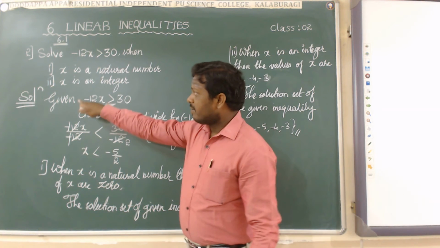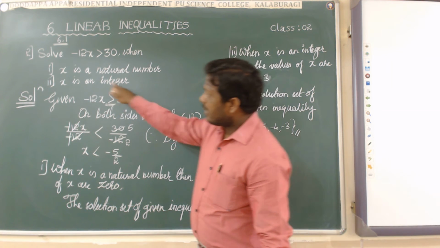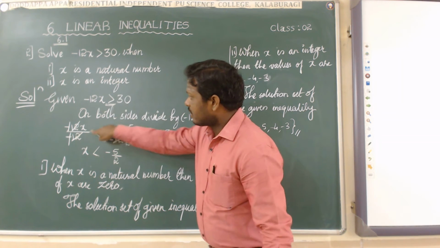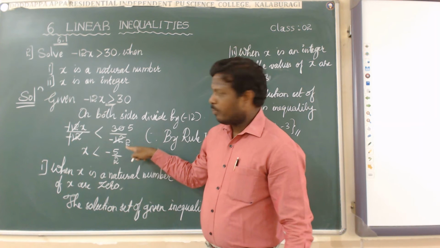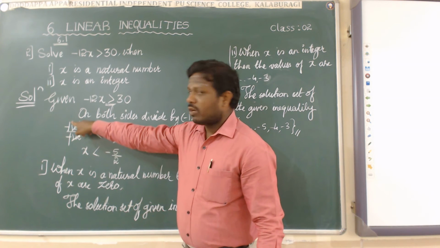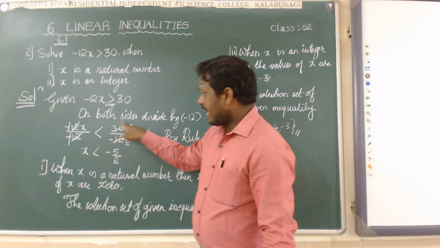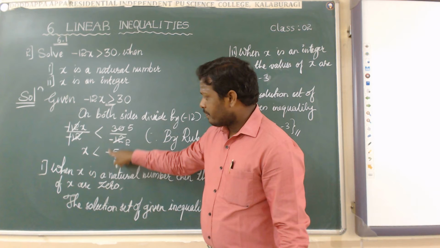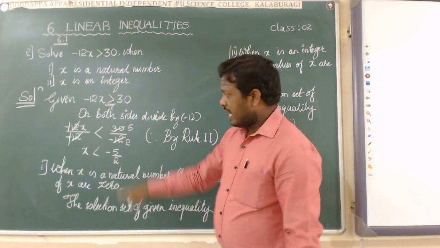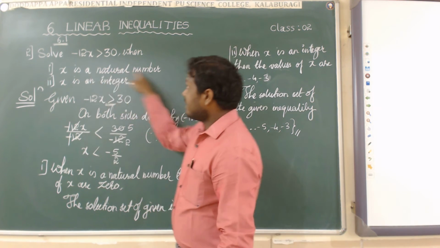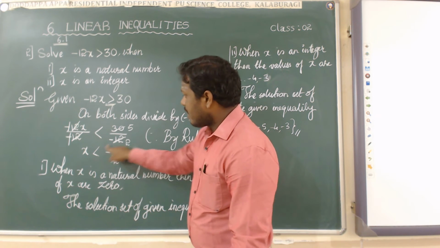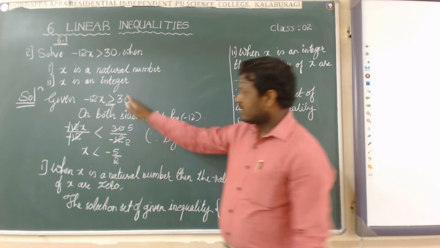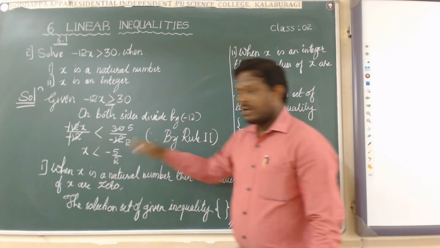When we divide by negative values, or when we multiply this given statement by negative values, then the sign of inequality will be reversed. Getting my point? As minus 12 goes, x is left here, and 6 twos are 12 and 6 fives are 30. So left here is minus 5 by 2. Then the given question says x is a natural number. By seeing these negative values directly, we can say that there are no solutions for this given inequality statement.